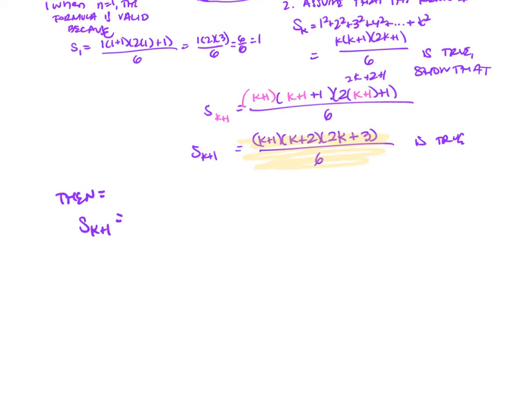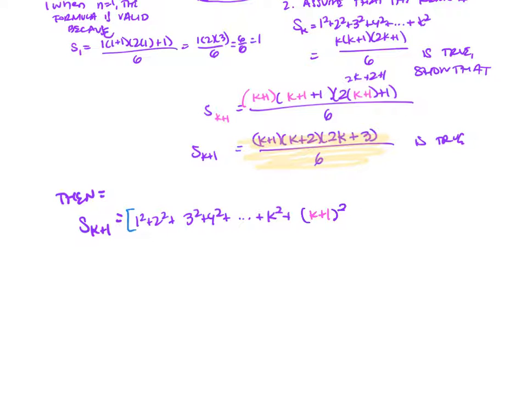So we write 1 squared plus 2 squared plus 3 squared plus 4 squared plus ... plus k squared plus, and this is where we add the k plus 1 to the k squared here. So then we write k plus 1 squared.